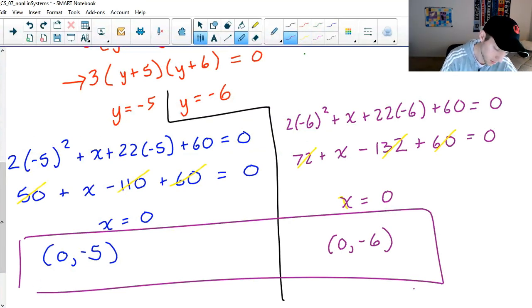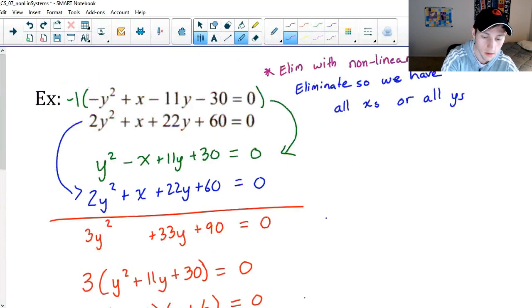So I'm going to scroll for a second and I'll scroll back down. Sorry, I'm trying to graph this really quick to show. Negative y squared plus x minus 11y minus 30 equals 0.